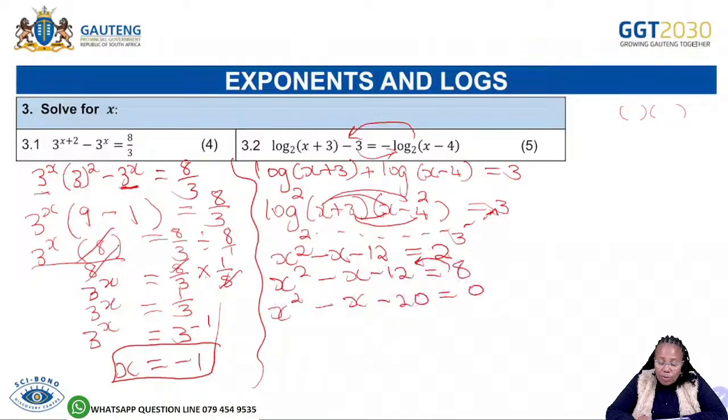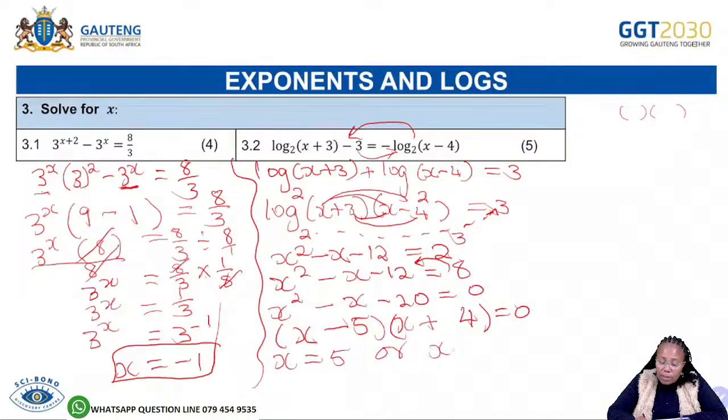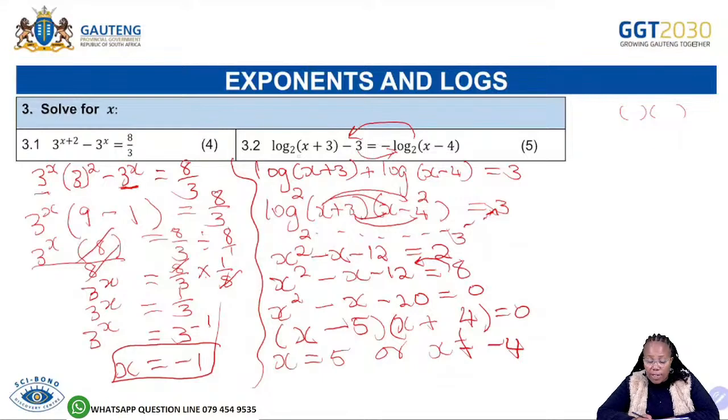Factors of 20, when you subtract to get 1, that will be x, 5 and 4. Okay, 5 times 4 is 20. Middle term bigger number, then this one will be positive. So the first x value will be equal to 5, or x is equal to minus 4. Then this one will not be the solution because the log of a negative number is undefined.